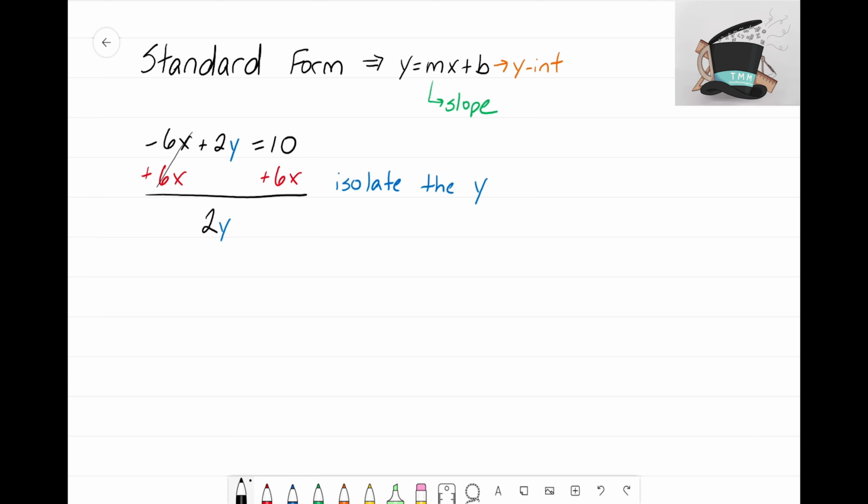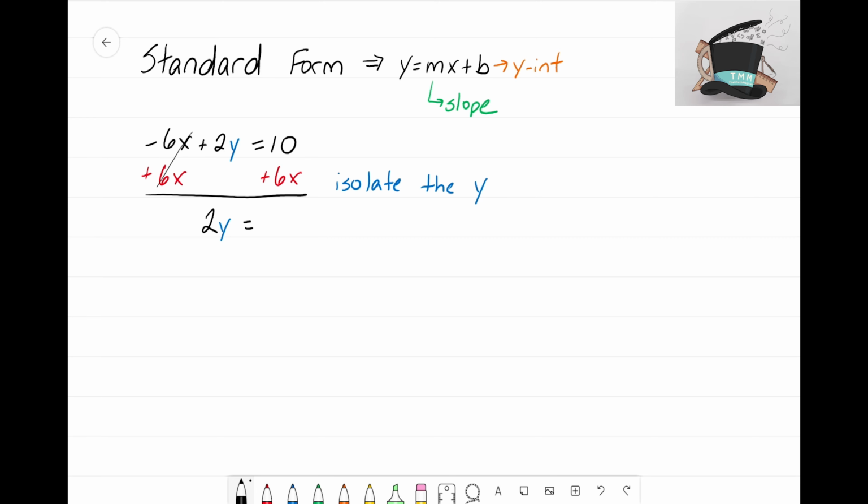Now be careful. The biggest mistake I often see students make is that when they have 10 plus 6x, they quickly write 16x. I want you to think back to our algebra tile videos and realize that the 10 unit tiles and the 6x tiles can't be combined to create 16x.